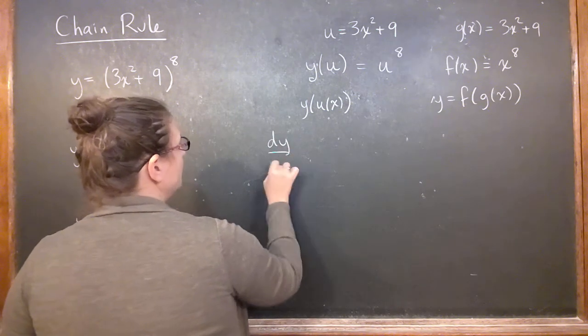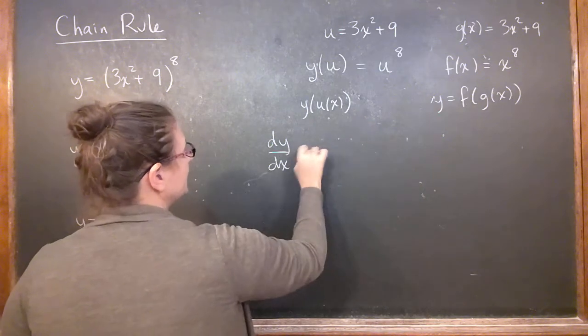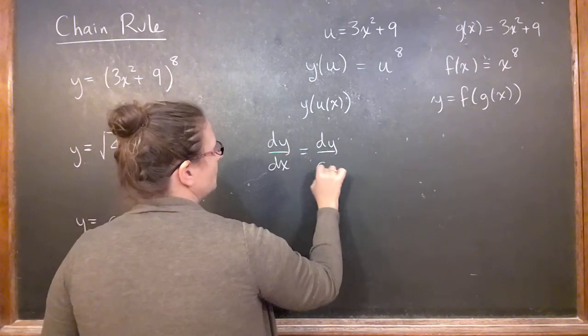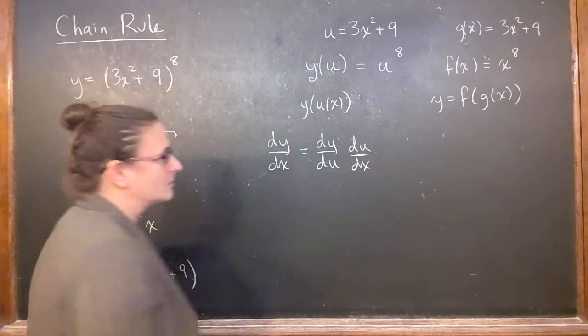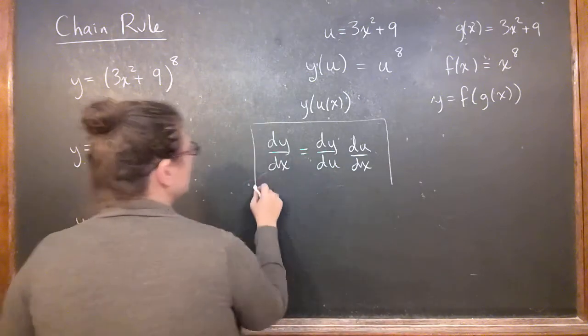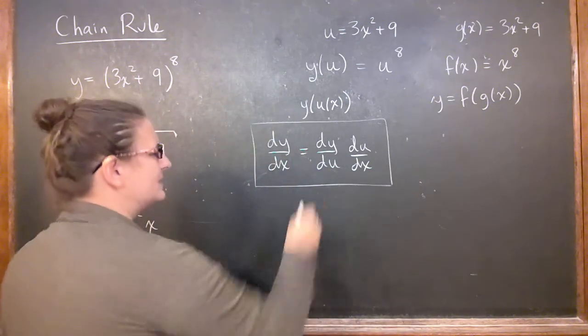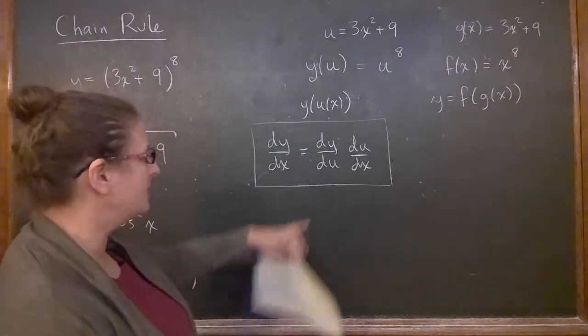So my rule is that if y is written like this, dy dx is dy du times du dx. Okay? That's actually easier to remember because you can mentally think, okay, the du's cancel out. Though that's not really what's happening, because we're not thinking about these things as fractions.